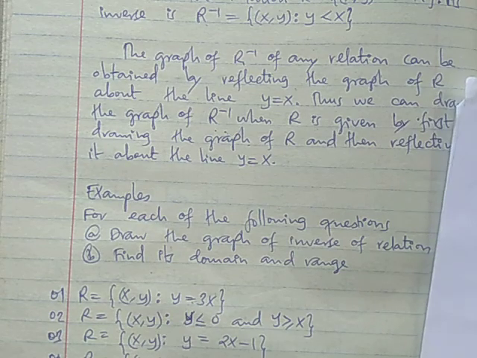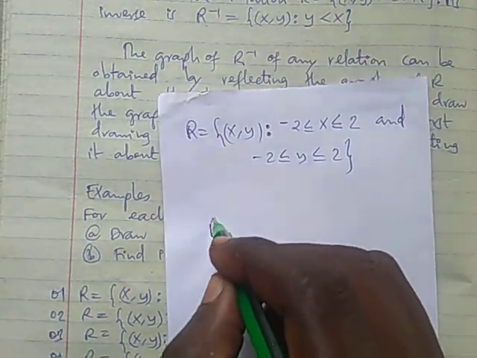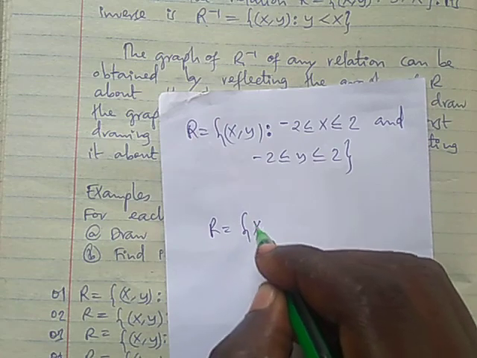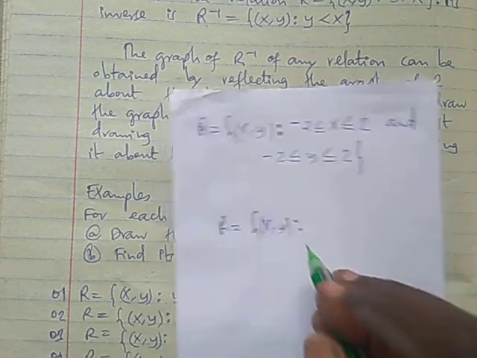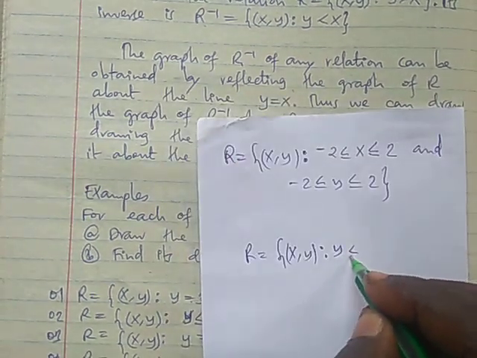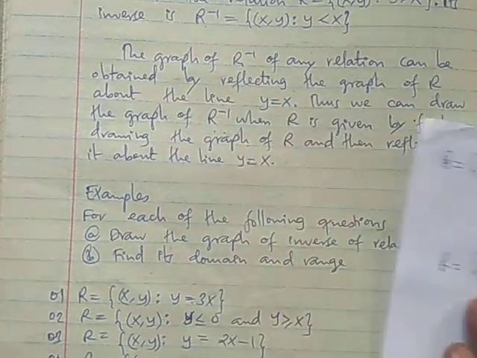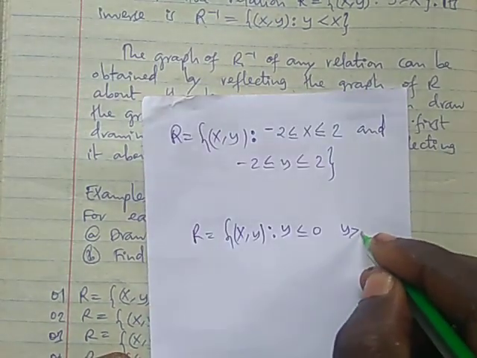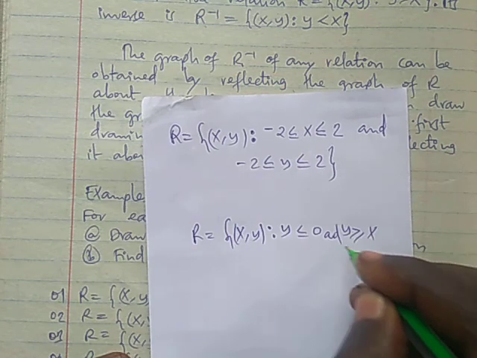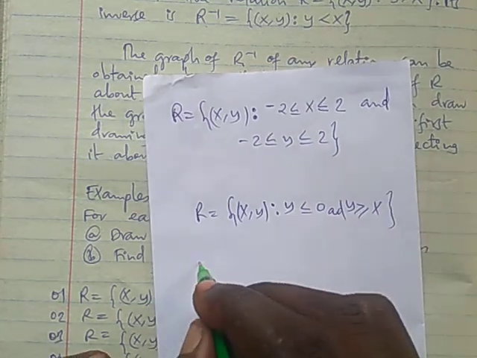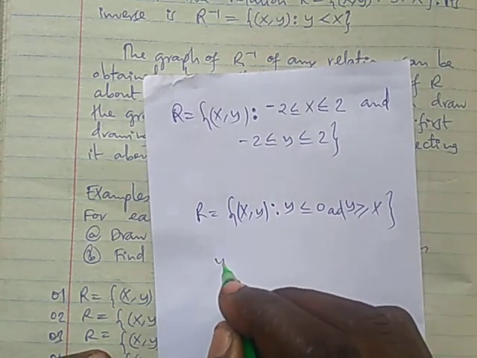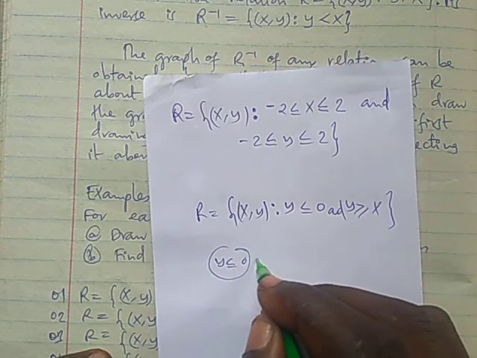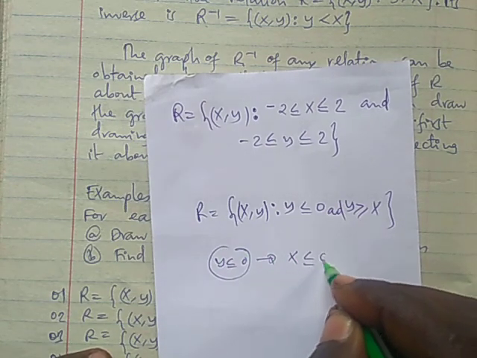Swali la pili, tumepewa R is equal to the set of ordered pairs (x, y), whereby y is less than or equal to 0, and y is greater than or equal to x. So this is our question. From there R power -1 will be: y is less than or equal to 0 becomes x is less than or equal to 0.